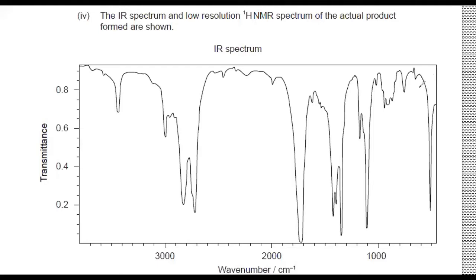One thing we have to note in the IR spectrum is that the region beyond 1500 is known as the fingerprint region.